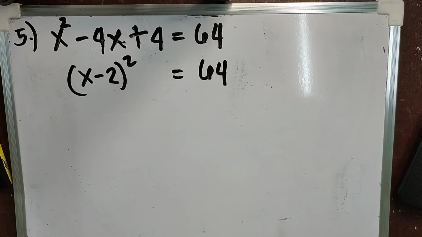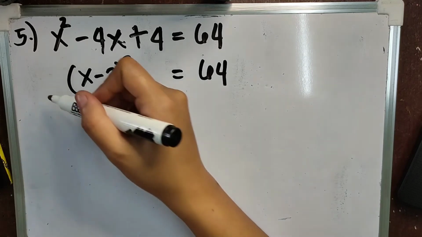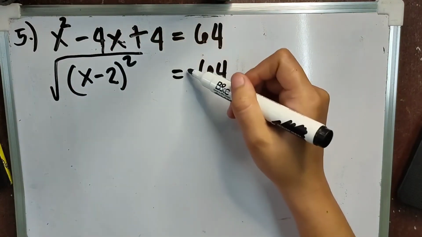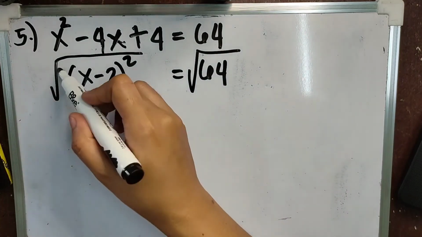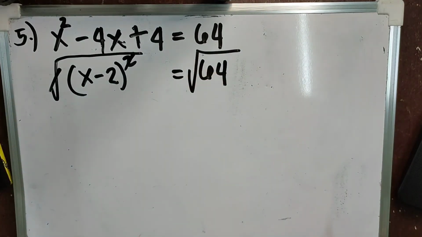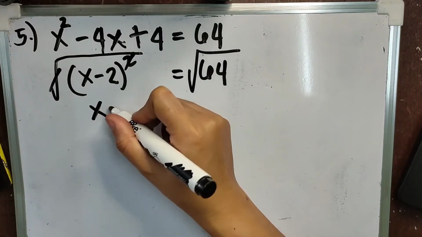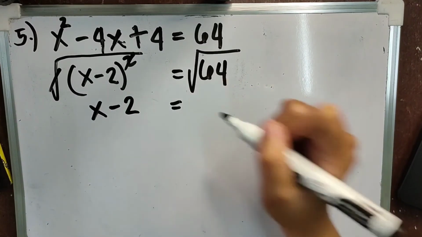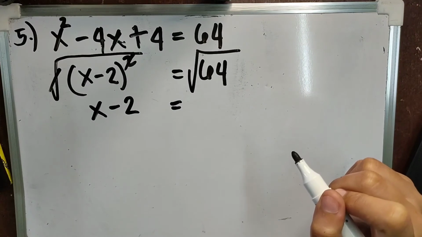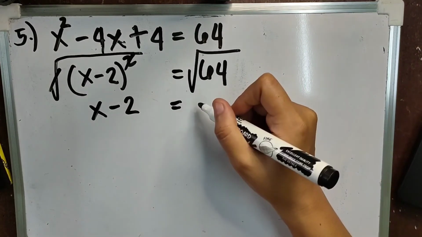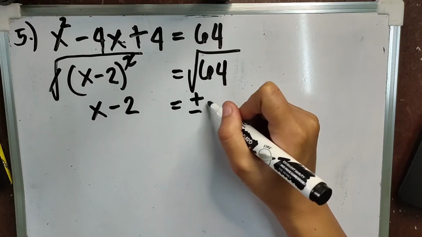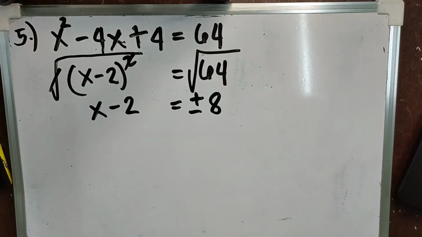Okay, next, extracting square roots or apply the square root property. So we have radical signs on both sides. So cancel and cancel. So what remains is x minus 2 equals, now since 64 is a perfect square, the square root of 64, so the answer is plus minus 8.